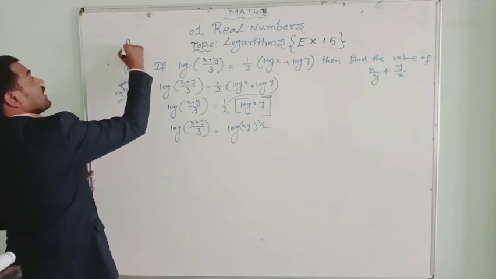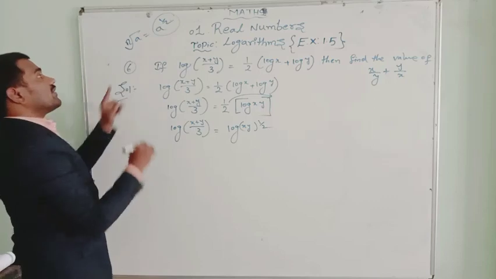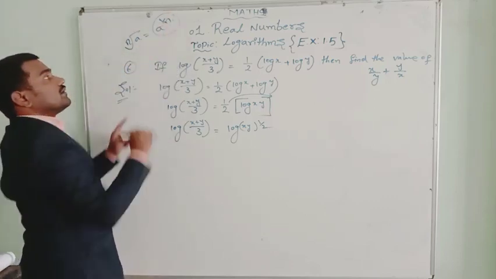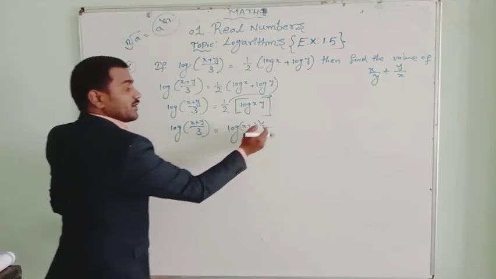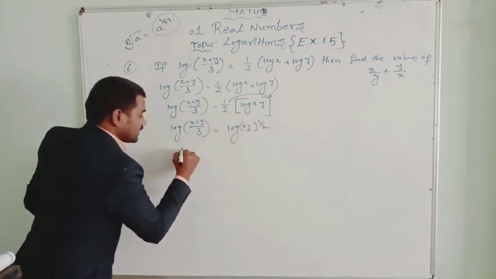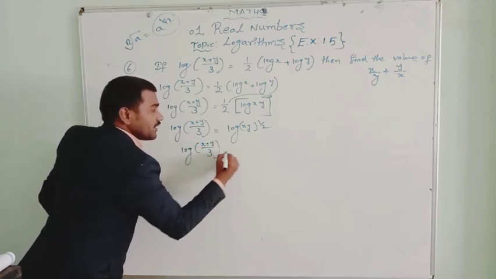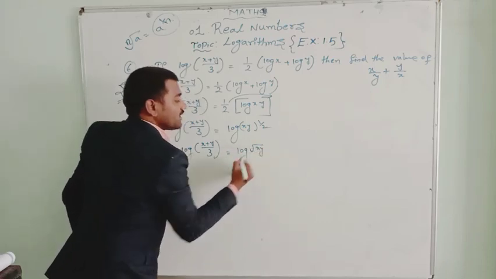The nth root of a equals a to the power of 1 by n. Then this 1 by 2 is nothing but a square root. So we get log of (x plus y) by 3 equals log of the square root of xy.